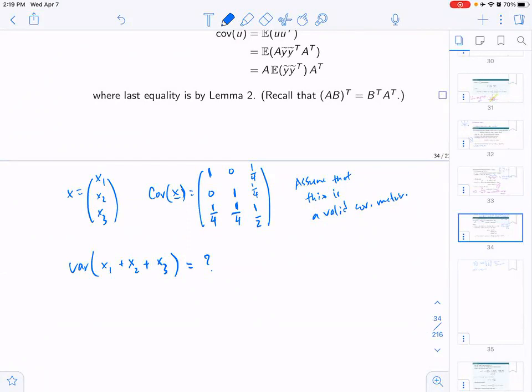Or is it not relevant? Maybe think a little bit about this. So this is a univariate random variable, and I want to compute the variance. How can we compute the variance? Just think a little bit about it, and I'll come back and chat about it.